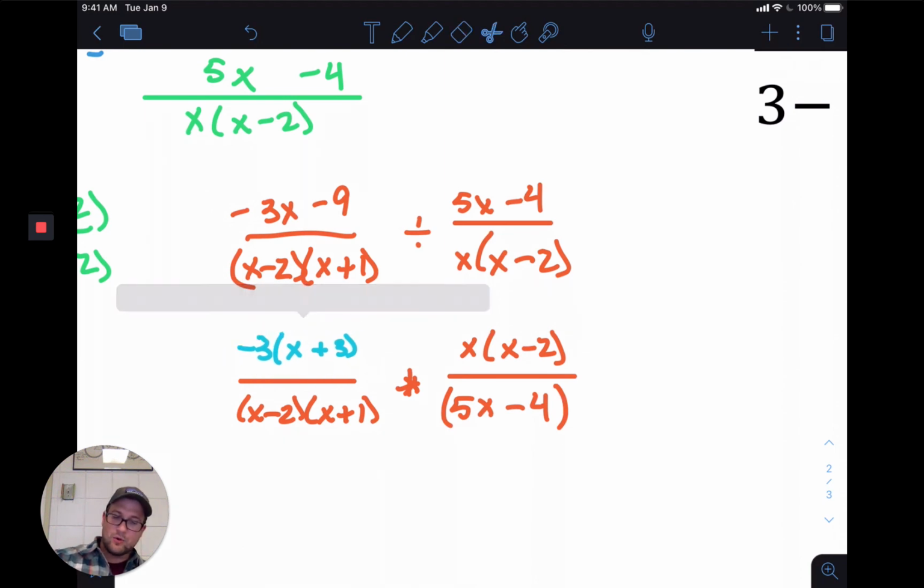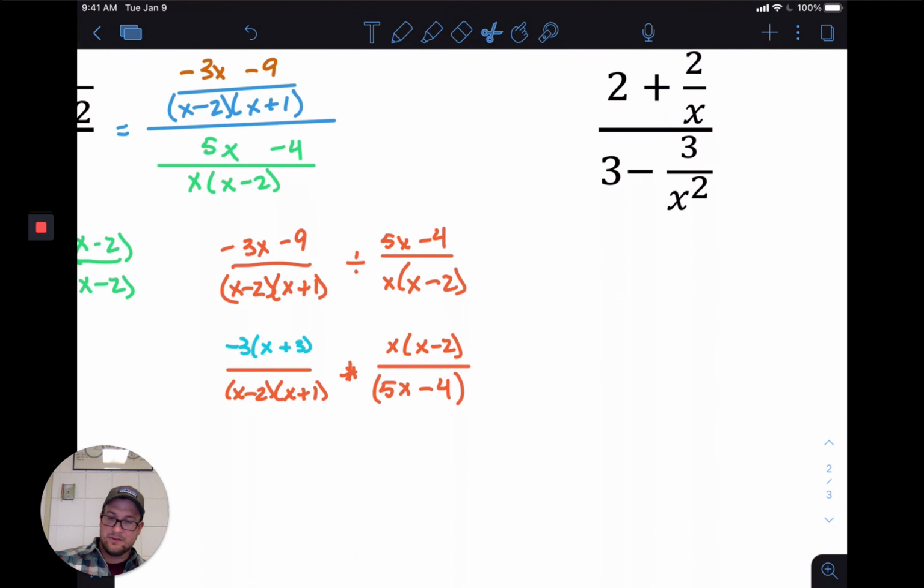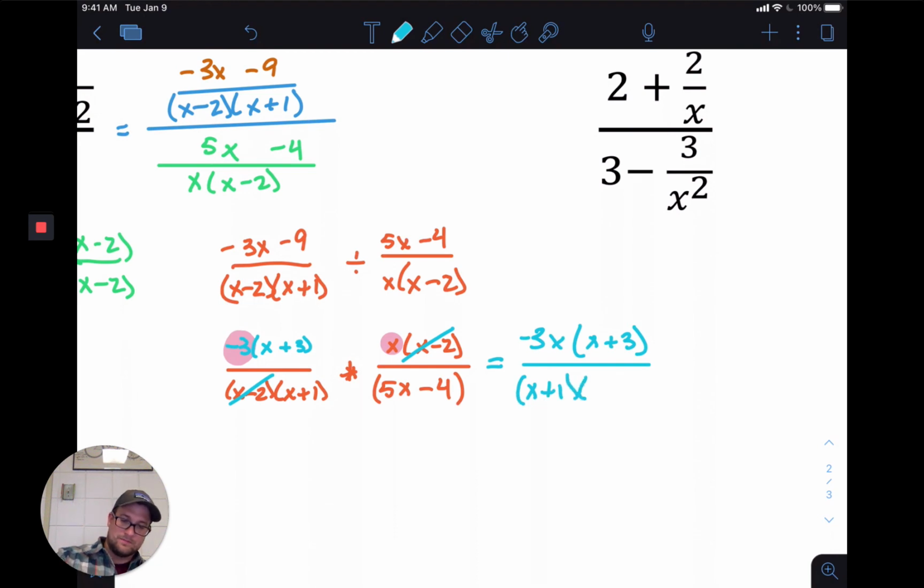Now, one thing I'm noticing is I don't have any like terms that will cancel other than this x minus 2 and x minus 2. So when I multiply across the top, I will have a negative 3x times x plus 3 in my numerator. And in my denominator, I will have x plus 1 times 5x minus 4.